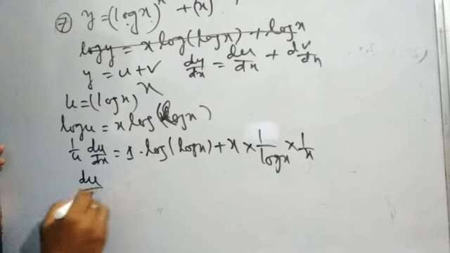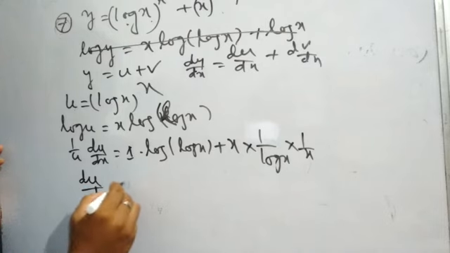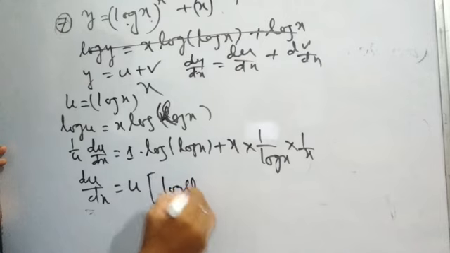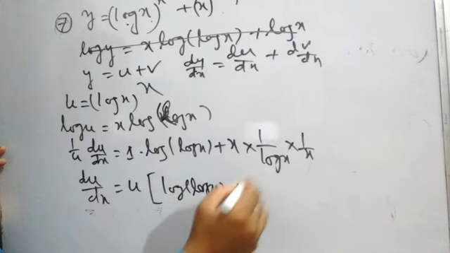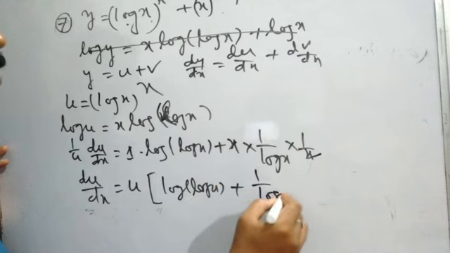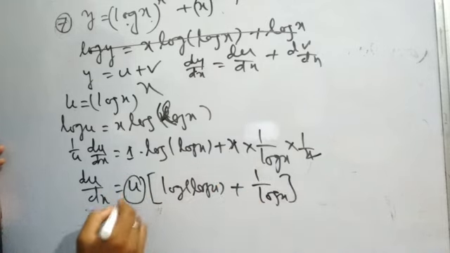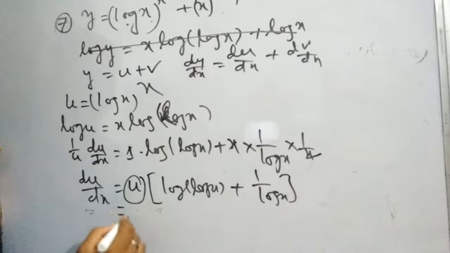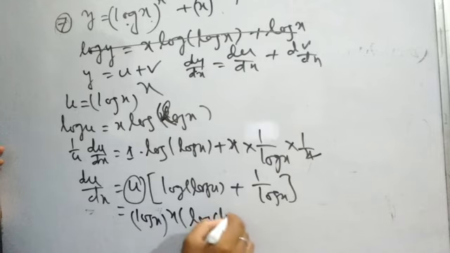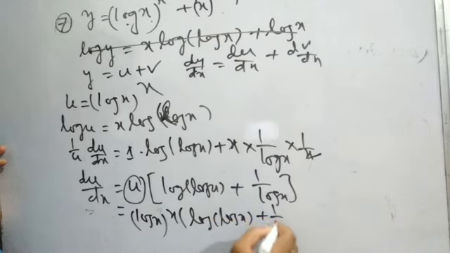Totally du by dx is equal to u into, log x cancels, it will be 1 by log x. We have to put the original value of u, that is (log x) whole to the power x, and log log x plus 1 by log x.